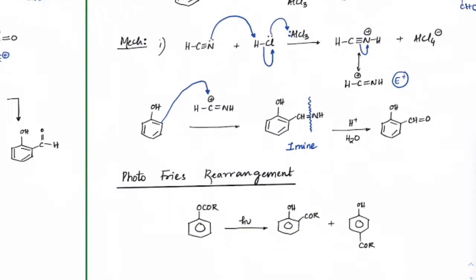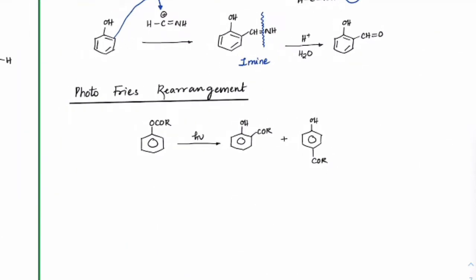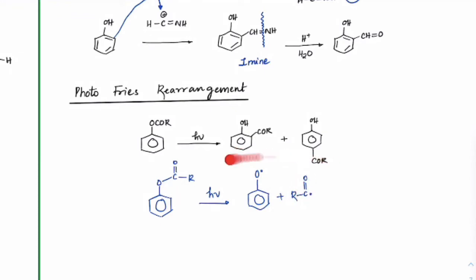Okay. We have learned about Fries rearrangement, right? The Fries rearrangement can also be done by photolysis, meaning using light. So when you use light also, we will have radicals forming. This O, C double bond O, R on treating with h nu will get into radical formation, O dot and RC double bond O dot, and this RC double bond O dot can combine at the ortho and para positions, and that's how you will get this.